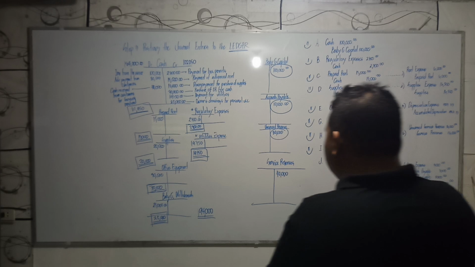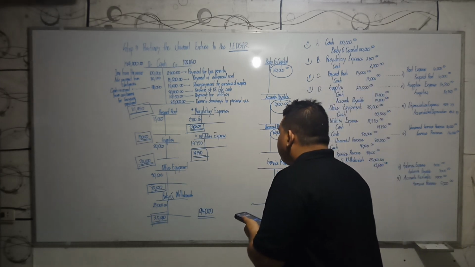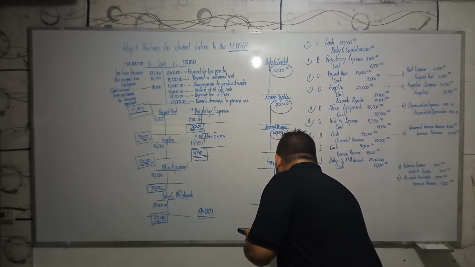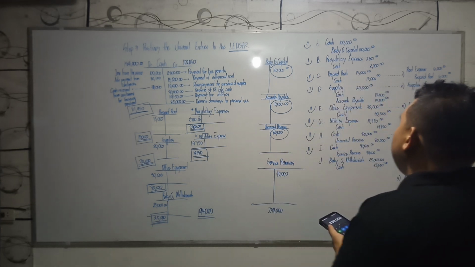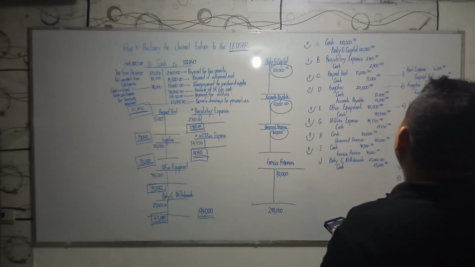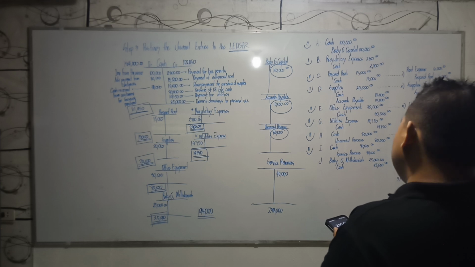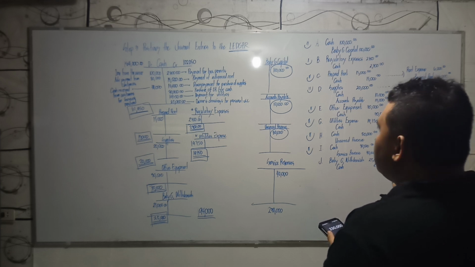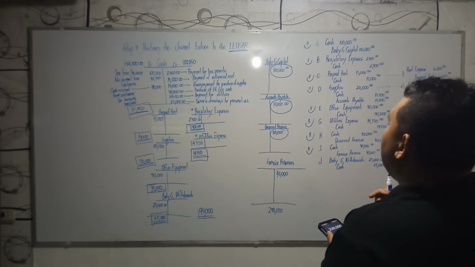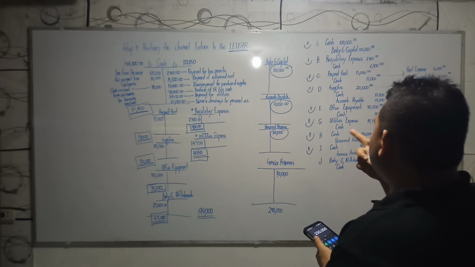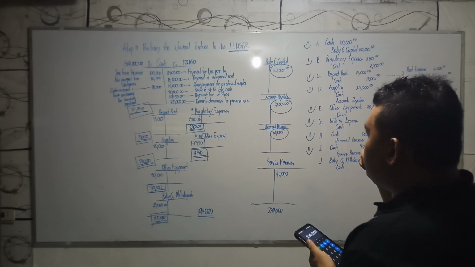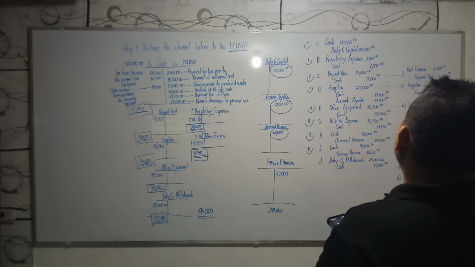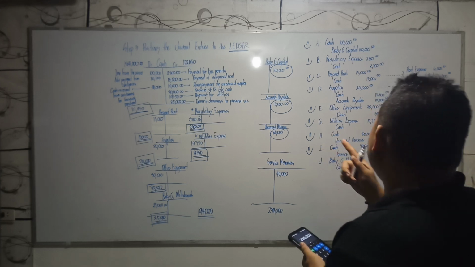We have 230,000. So what did we skip? So let's check on everything. We have cash 100,000 and then BBG capital 100,000. That's balanced. We have regulatory expenses 23 and we have cash also 23 as in the credit. So that's balanced. We have prepaid rent 15,000. Yeah, we have. And then we have cash 15,000 as credit.